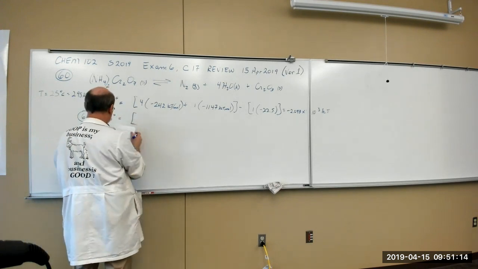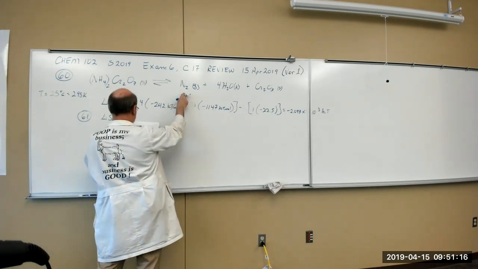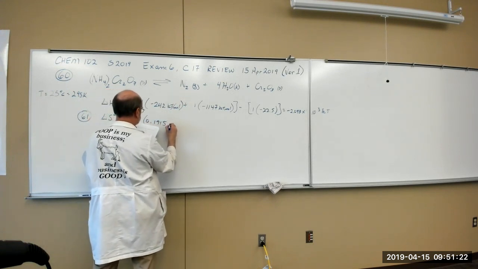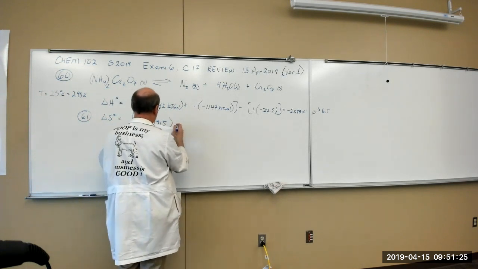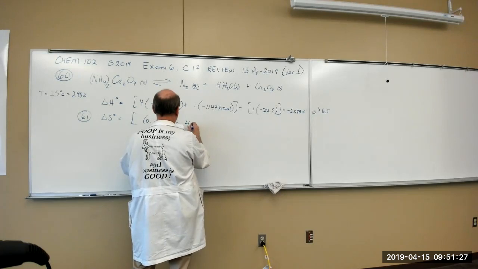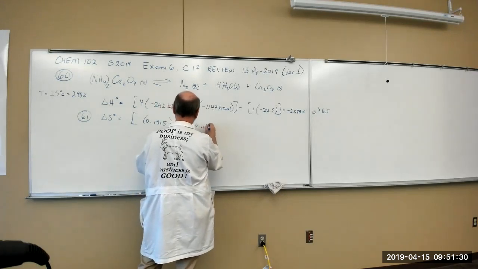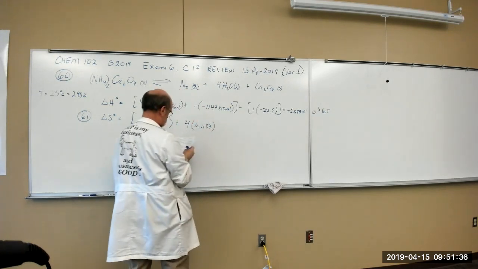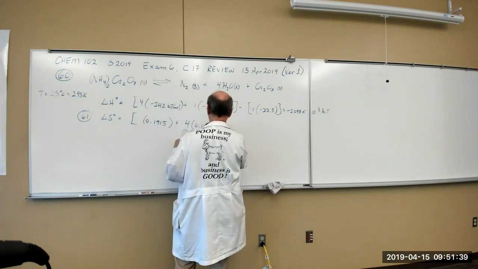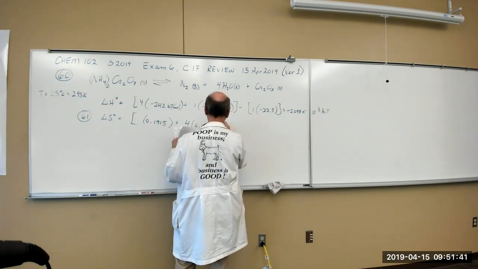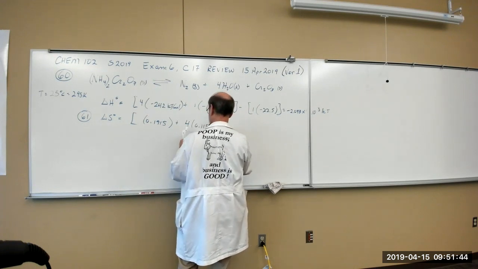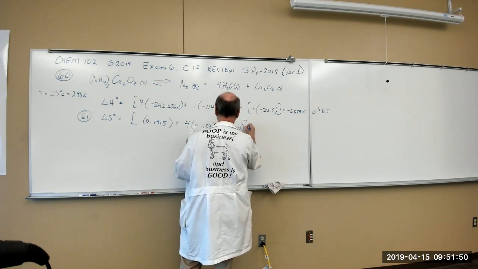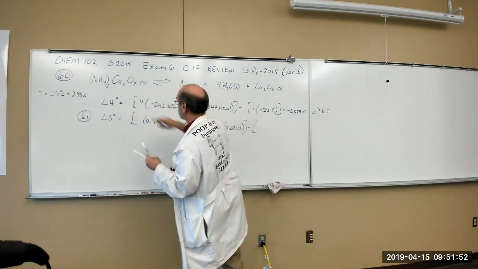So this one's going to be, nitrogen is 0.1915 joules, and then 0.1187 for water. And then chromium 3 oxide is one of those, which is 0.08118.